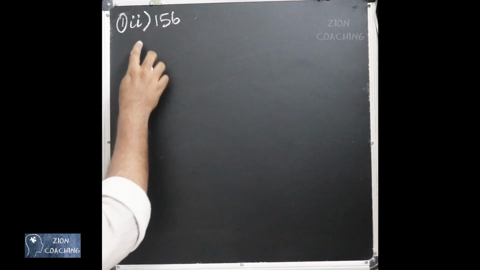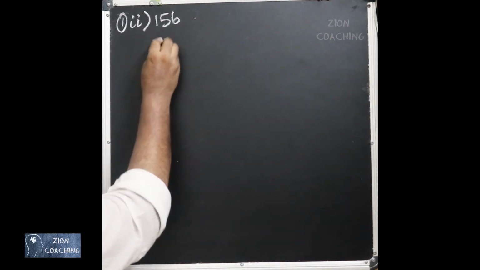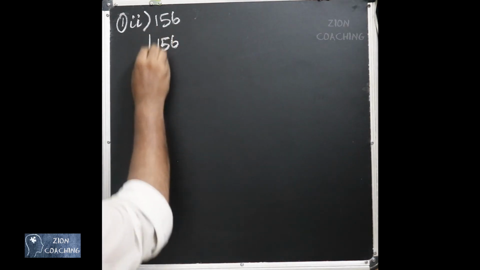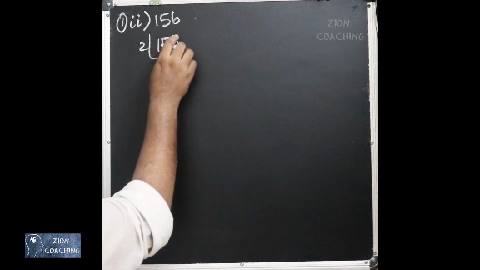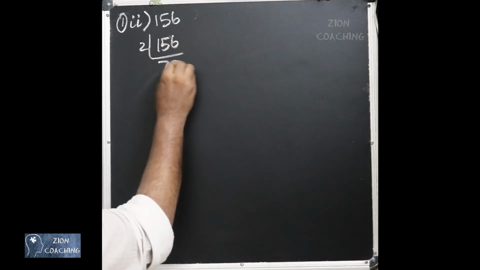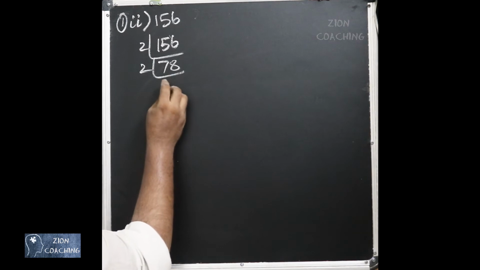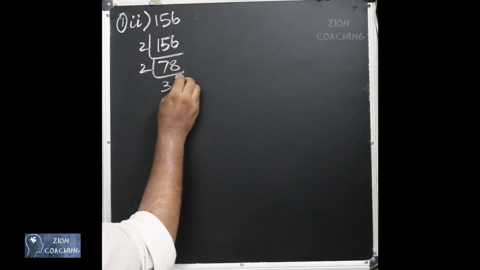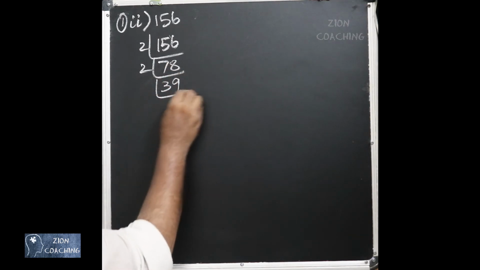Now we are going to prime factorize the number 156. Start dividing by 2. 7 2s are 14, then you have 16, 8 2s are 16. Again when you divide by 2, 3 2s are 6, then you have 1, 9 2s are 18.